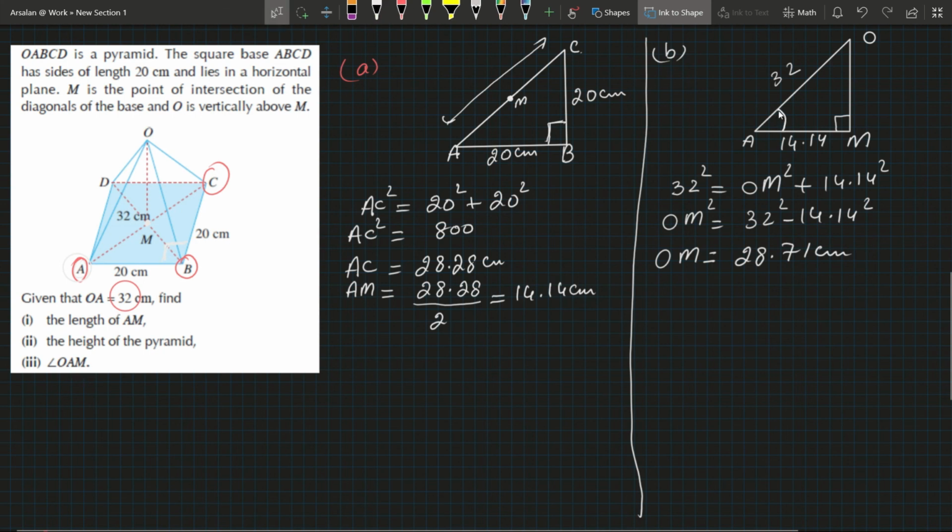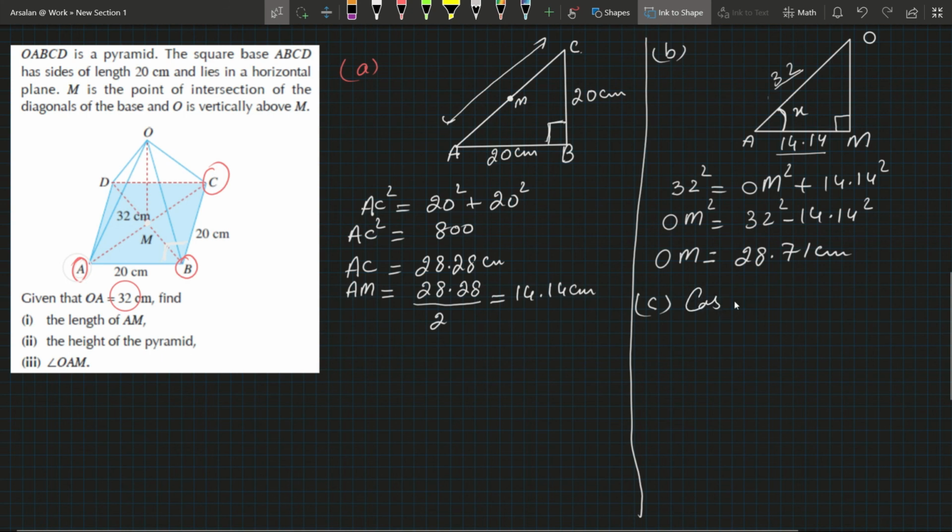OAM angle is here. It's easier. I need to find this angle, so this is the C part. I'm using the same triangle. In the C part you can see 14.14 was calculated, and this 32 is given. Even OM is also there, so we can use any trigonometric ratio, but right now I'm using cos.